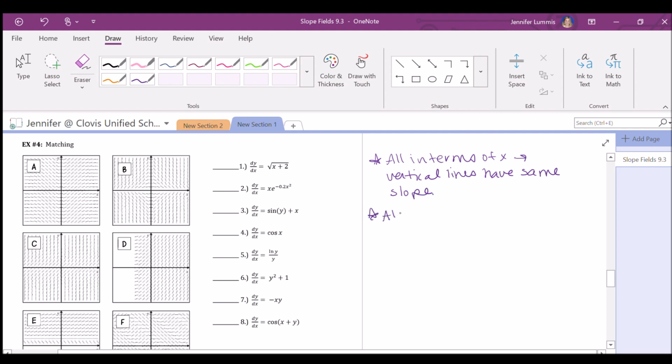Or is it all in terms of y? Then all the horizontal lines will have the same slope.